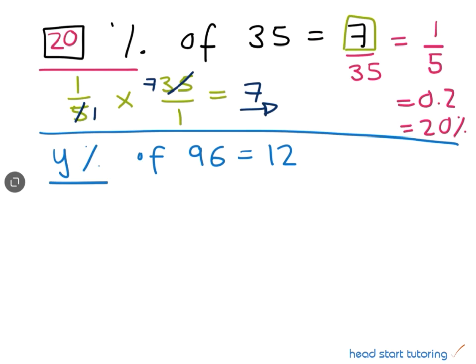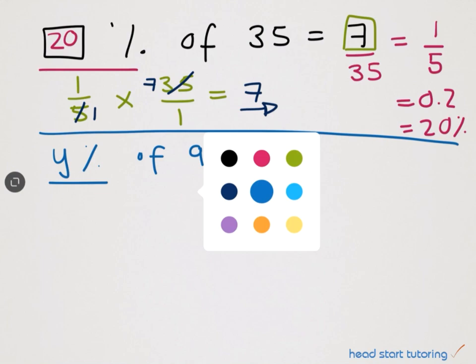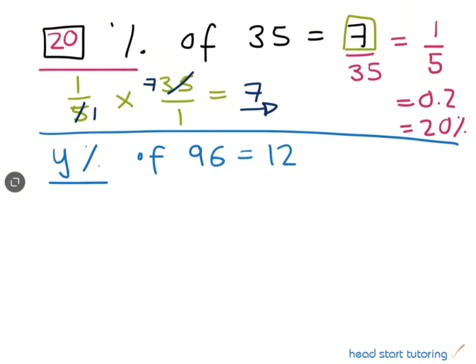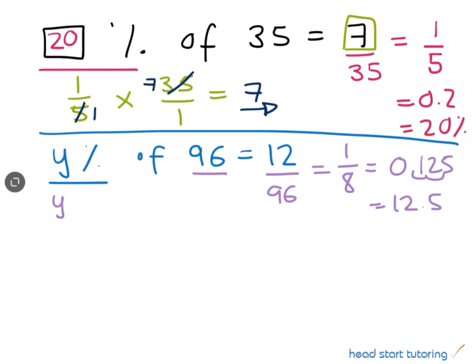All we need to do is say 12 over 96, and we need to simplify this down, so we can divide both 12 and 96 by 12 to get 1 over 8. And 1 over 8 as a decimal is 0.125. And as a percentage, we multiply it by 100 to get 12.5%. So y is therefore equal to 12.5%.